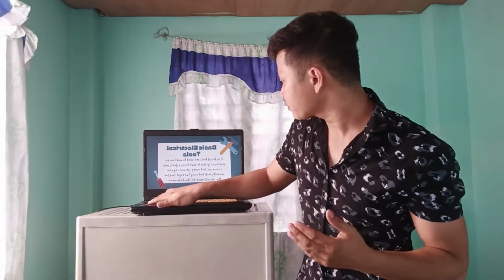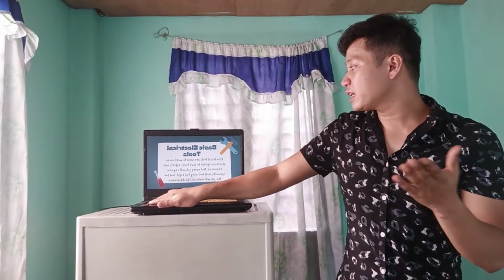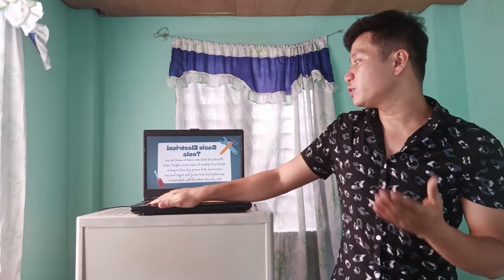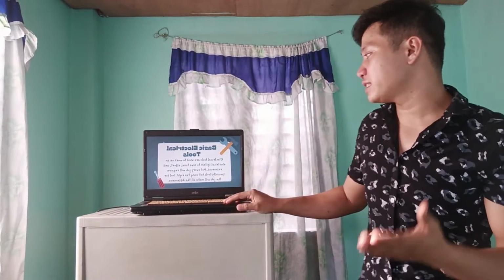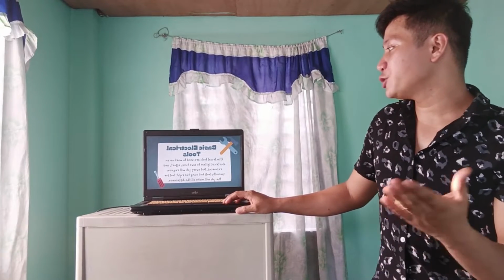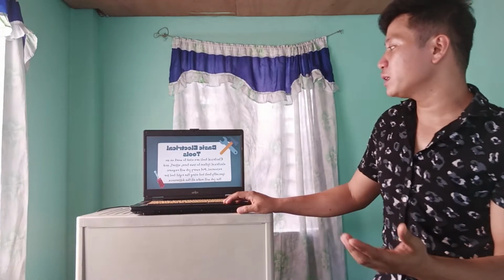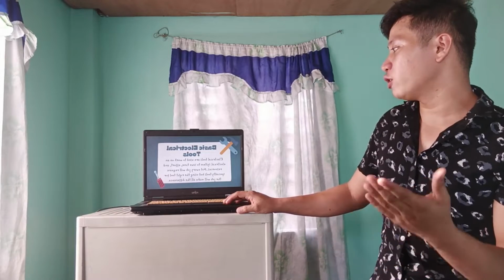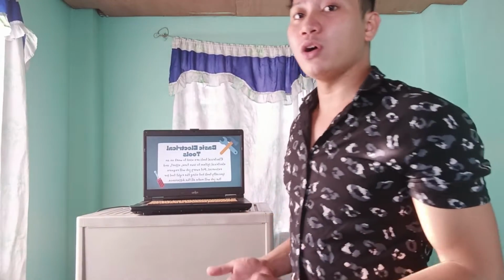Very good. Basic electrical tools are used to work on an electrical system to save time, effort, and resources. Not every job will require specialty tools, but using the right tool for the job will make all the difference.